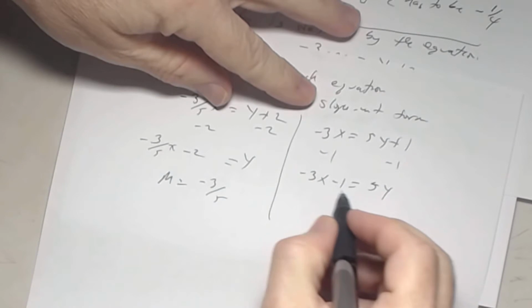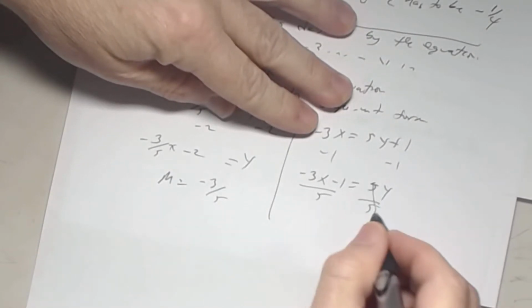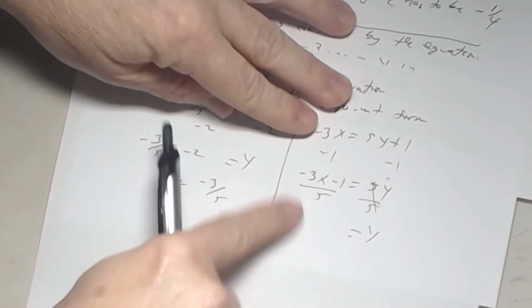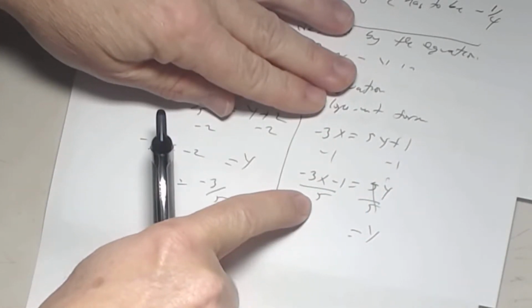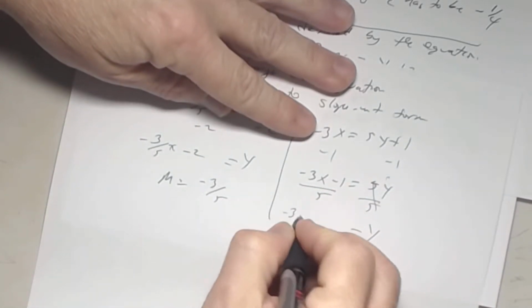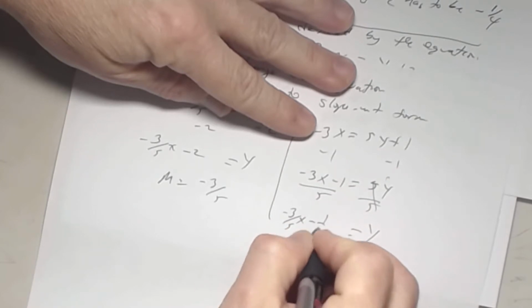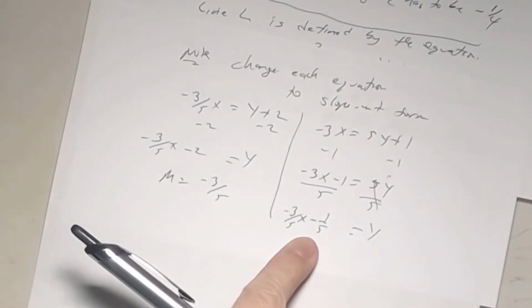So this is what it looks like. Look at this, guys. And so now you have y equals, and write this as two fractions. So negative 3x over what? 5, and then minus 1 over what? 5. So negative 3/5 x minus 1/5. So that's in slope-intercept form. Now tell me what the slope is.